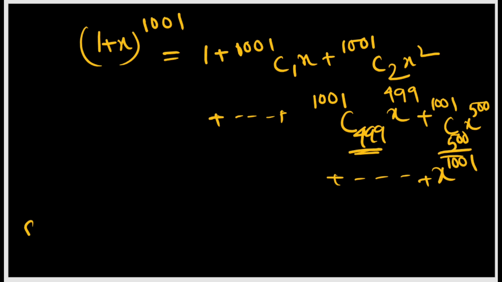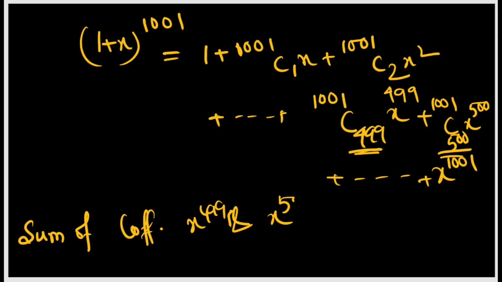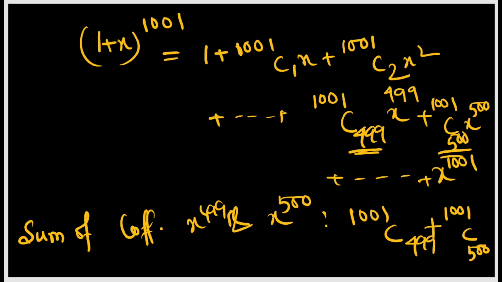So the sum of the coefficients of x power 499 and x power 500 is equal to 1001 c499 plus 1001 c500. So we only calculate this sum.